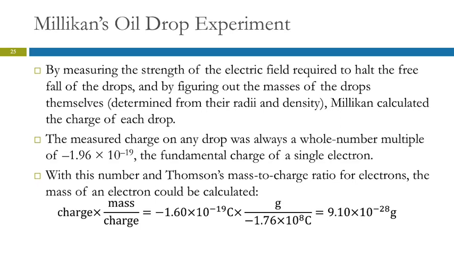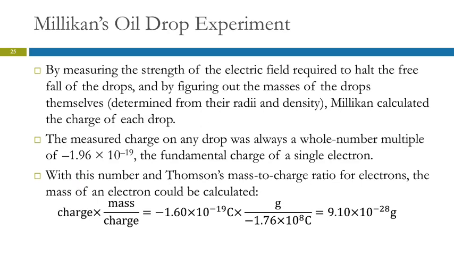So what he did is he looked at all these different charges and he found that they all had one common factor. They were a whole number multiple of this crazy looking number, negative 1.6 times 10 to the minus 19. And so that had to be the charge of a single electron.